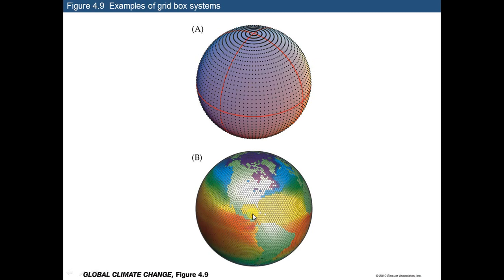Each grid box has the same temperature. And by the way, these are just sea surface temperatures, so the continents basically have the same color, and over the Pacific, Atlantic, and Arctic Oceans you see the varying colors. You're just looking at the temperatures of the oceans.